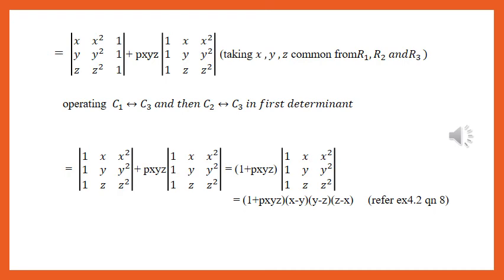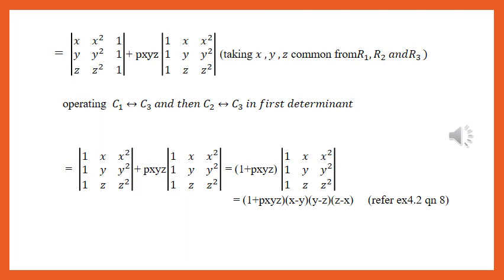Now, what we do now is first determinant and second determinant, we can make it same. Actually, elements are same only. So let's see how we can make the first determinant equal to second determinant. In the first determinant, let's interchange C1 and C3.